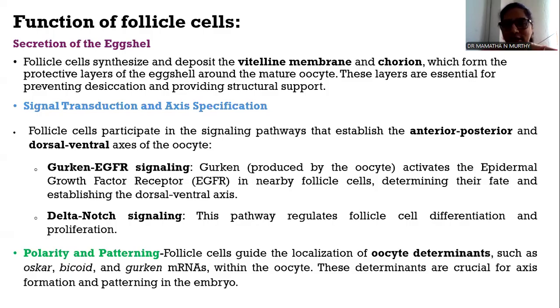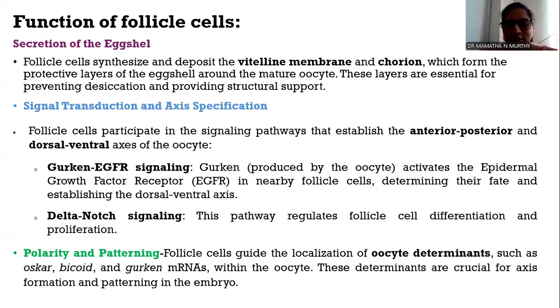For example, follicular cells possess receptors like the EGFR signaling receptor, and they also have Delta-Notch signaling. These receptors receive a particular ligand to activate particular pathways which are essential for development.